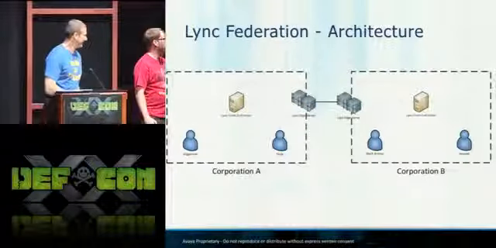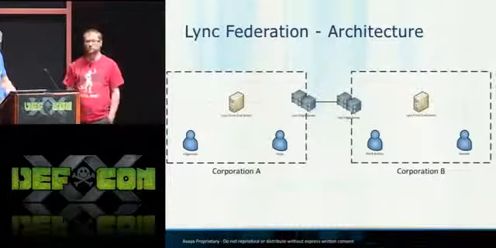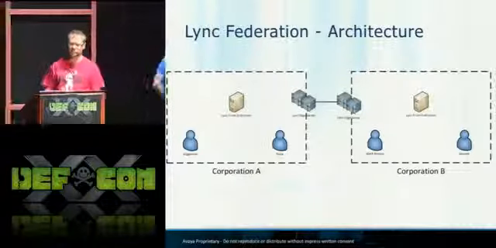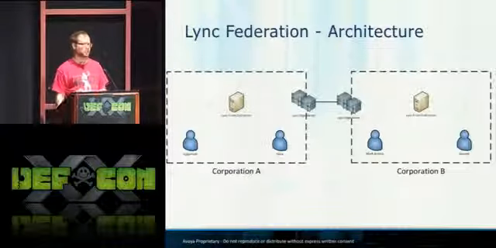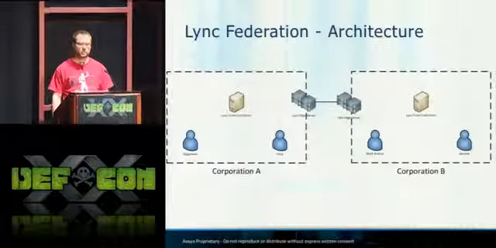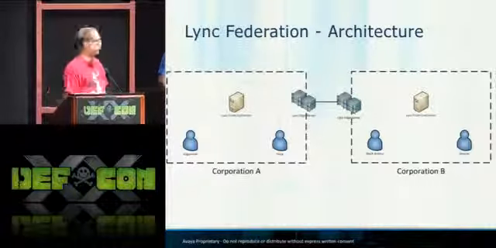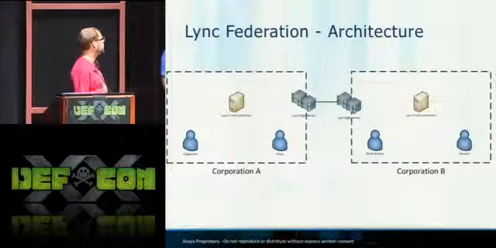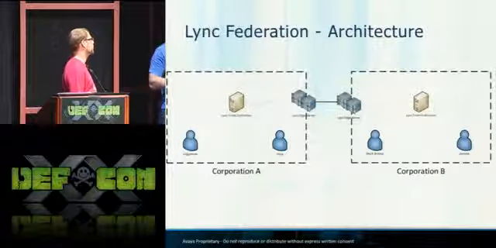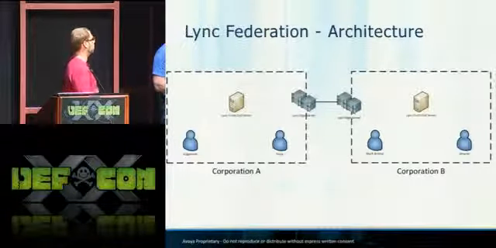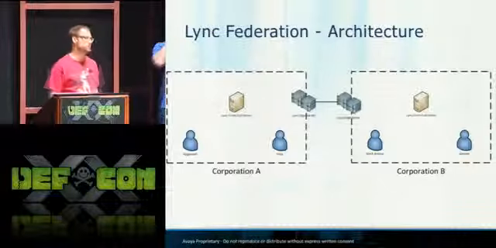All right. This is a really high-level overview of how Link architecture looks. You have edge servers, and that's how people connect through the public internet. And behind that, you have the Link front-end servers for internal users. The front-end servers really just negotiate authentication for the back-end, and it still works the same way with DNS SRV lookups.